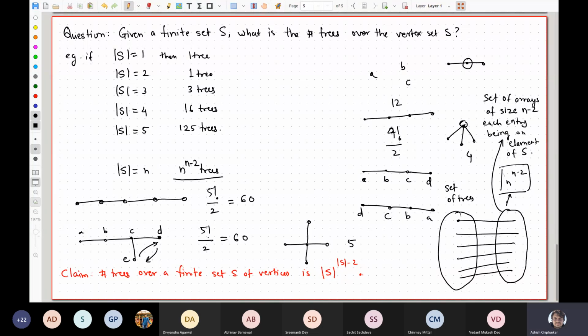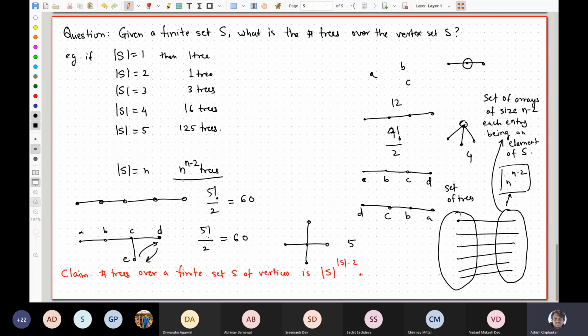Cool. So now let us see what this bijection is. Let us first understand, okay, let's not call it a bijection. It's some function from this set of trees to the set of arrays. We'll define that function properly first, and then we'll worry about proving that it's a bijection. So for this lecture, we'll just define the function and get an intuitive idea of what it is doing. And maybe in the next lecture, we'll prove that it's actually a bijection.